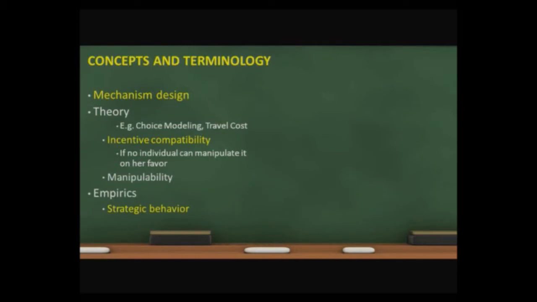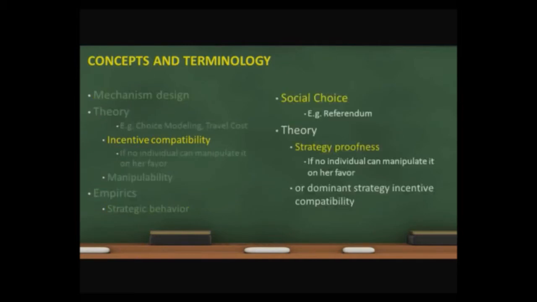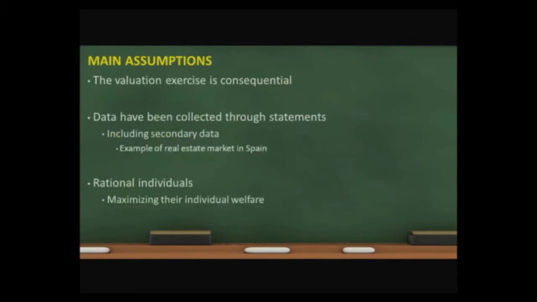When instead of a mechanism design, the mechanism is direct, we are in social choice, and instead of incentive compatible, we call it strategy-proof. But it's the same, like a referendum, as you said before in the question. It's the same definition, so it doesn't matter much which terminology we use.